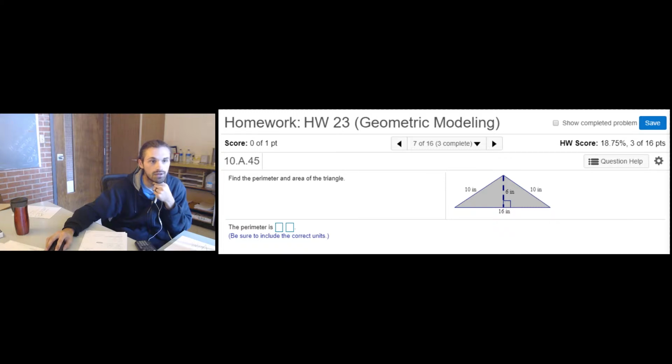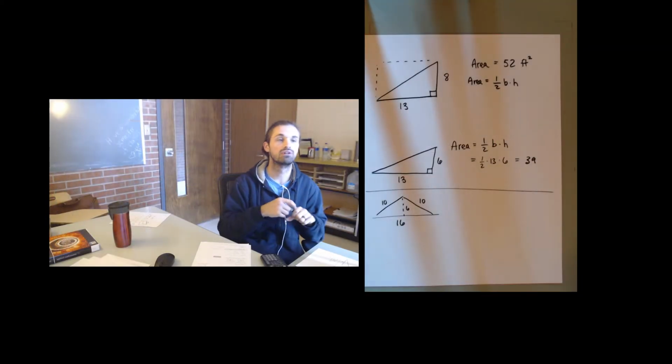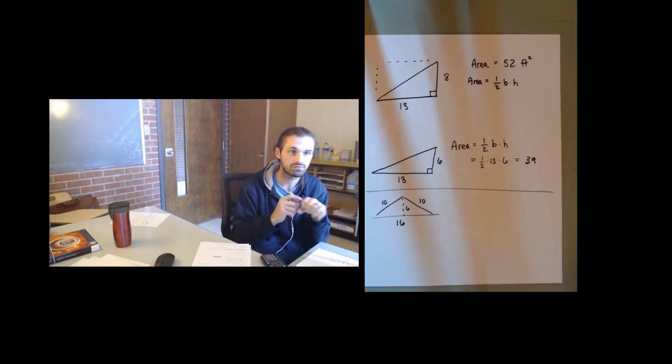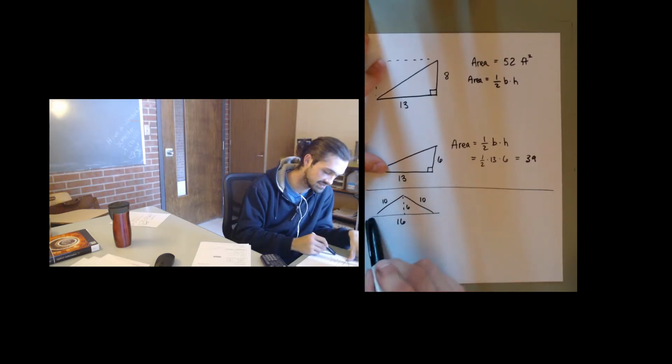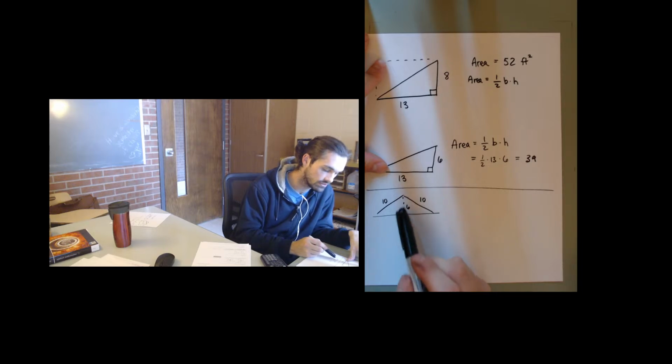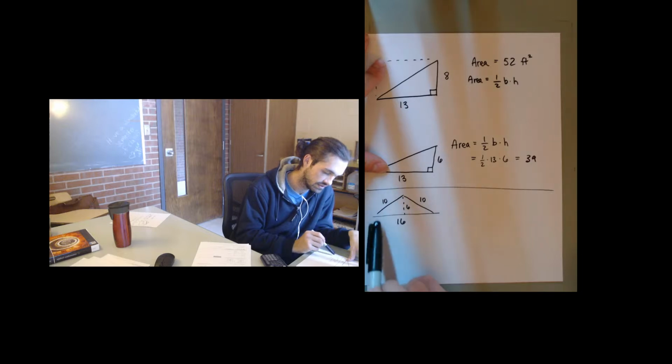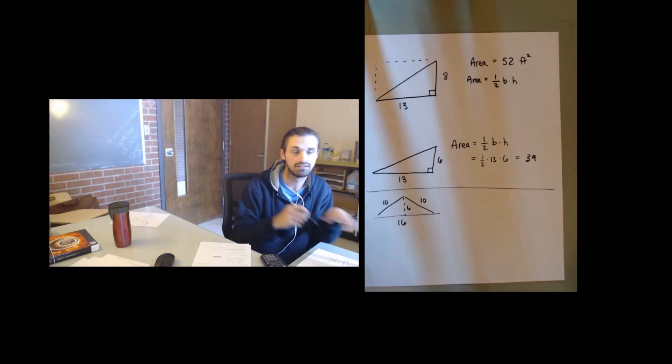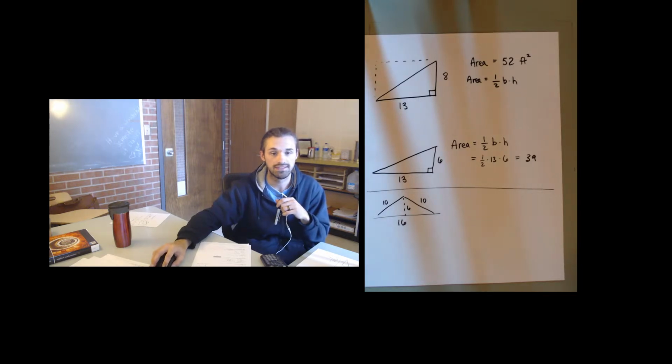The perimeter is blank. So the perimeter is the distance all the way around. So the perimeter of this triangle is going to be 10 plus 16 plus 10. 10 and 10 give you 20. Add it to 16 to give you 36. So the perimeter is 36.